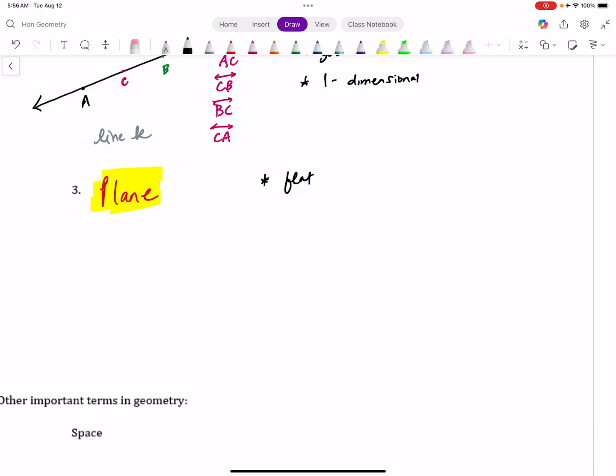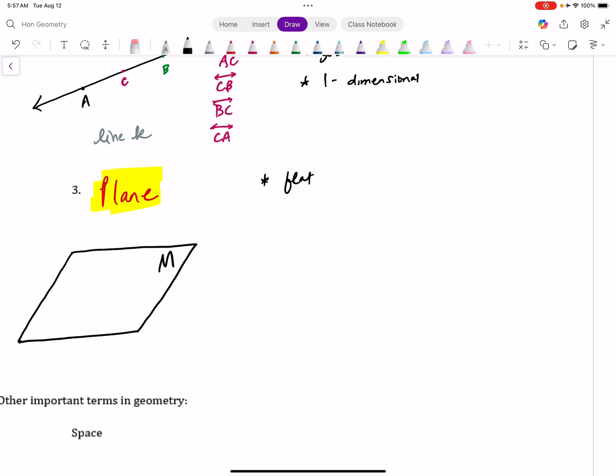So when you draw planes, they'll draw a parallelogram shape, and then they'll put a capital letter, and it's most of the time cursive. Like, here's plane M, an M in cursive.